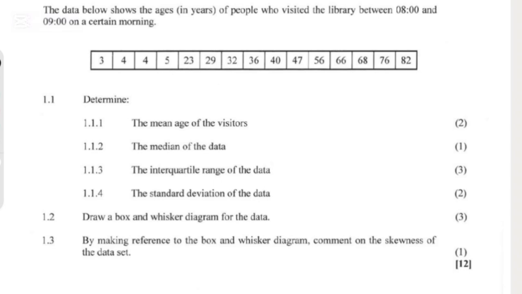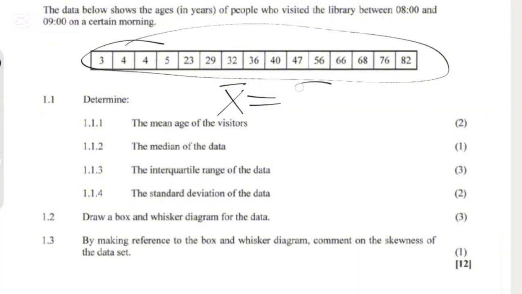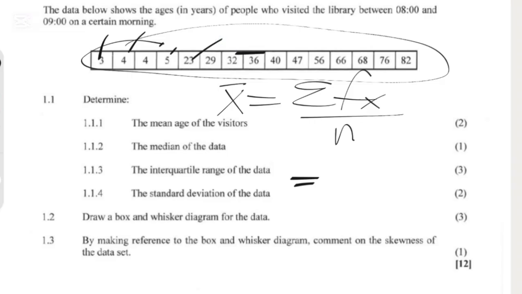The mean, which is x bar, is going to be the sum of all these things over n, which is equals to, when you add this plus this plus this plus this, what do you get?